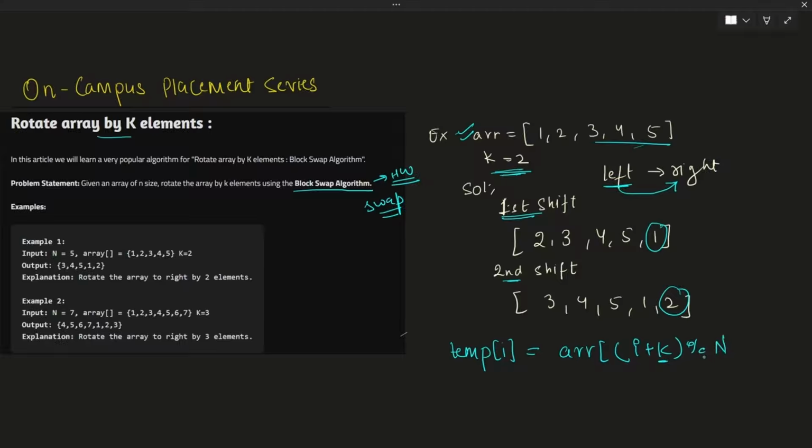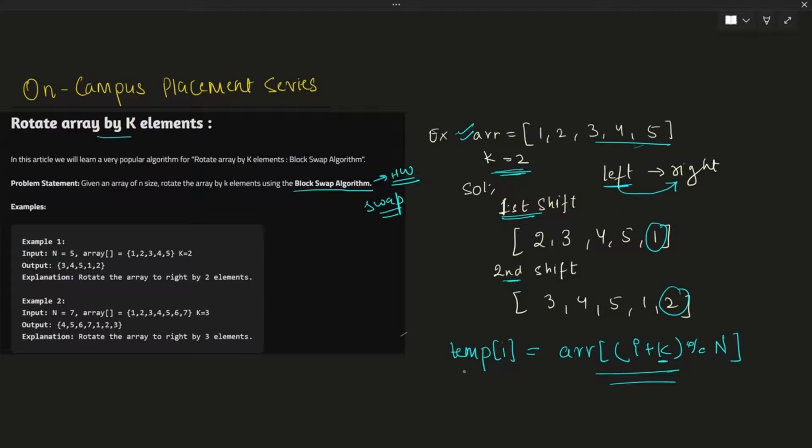So this is the formula. You just write it somewhere so that you can see it every day, and this formula will set into your mind. This will be very useful to shift your elements from left to right, and even from right to left.